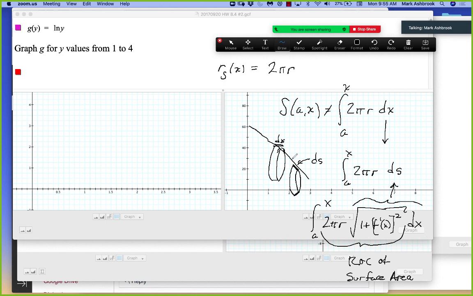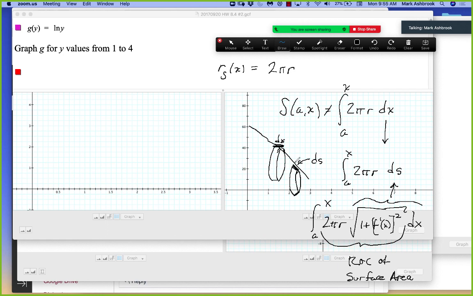So the rate of change of surface area is not just 2 pi r, which would assume horizontal generation of the ribbons, but it's 2 pi r times the square root, which is like a transformation from horizontal generation of the ribbons to the ds according to the arc length generation of the ribbons.